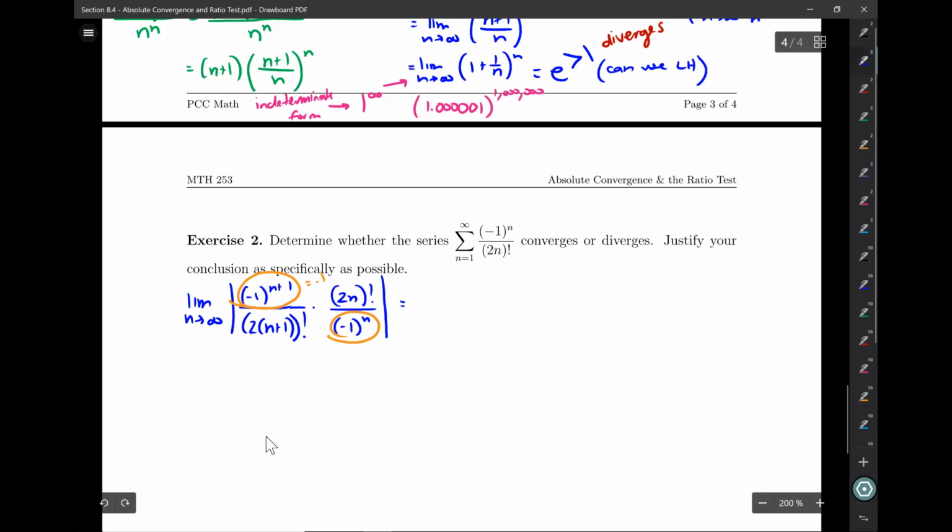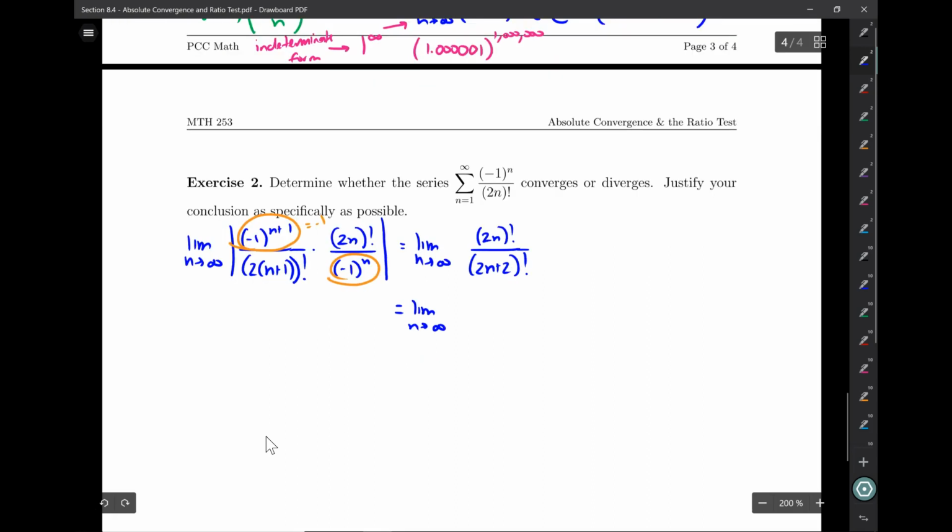So we're basically taking the absolute value of that, and now we're taking the limit as n goes to infinity of 2n factorial. And actually I can get rid of the absolute values now, because n is positive, so factorial is always positive. And then this is 2n plus 2 factorial. Okay, here we go. We're going to try to simplify this factorial.